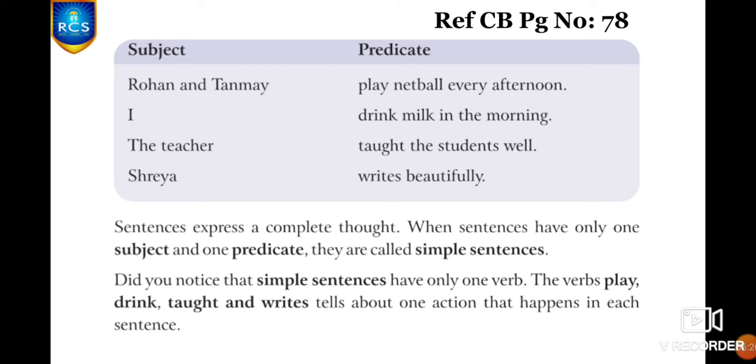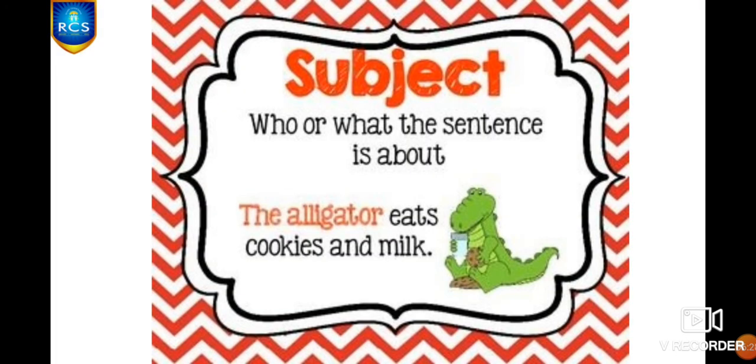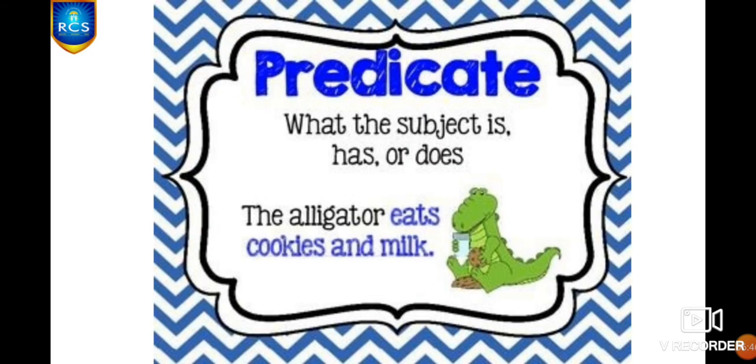Clear, children? And here, see this picture, subject. What is the subject? Who or what the sentence is about. We call it the subject. The alligator eats cookies and milk. The alligator is the subject in this sentence. And predicate: what the subject is, has or does.